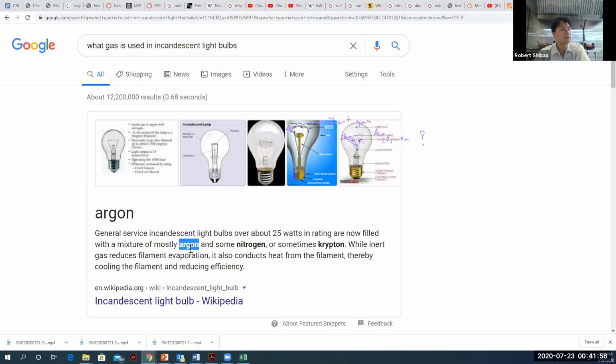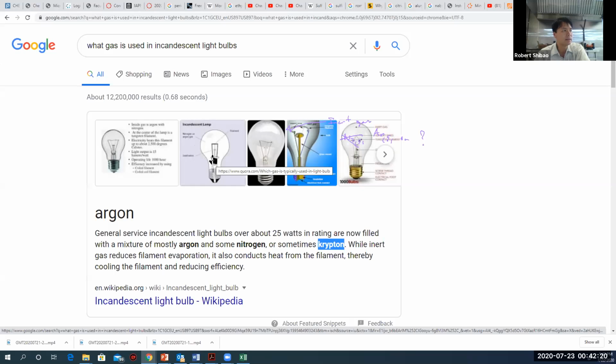Most of the gas I use is argon. Very unreactive. Nitrogen is much cheaper, so if I could get away with nitrogen, I used nitrogen because it was so much cheaper than argon. Krypton's expensive. Didn't use krypton. Helium is okay, but the problem with helium is it'll leak out so easily out of the bulb. Argon is slow to leak out of the bulb.